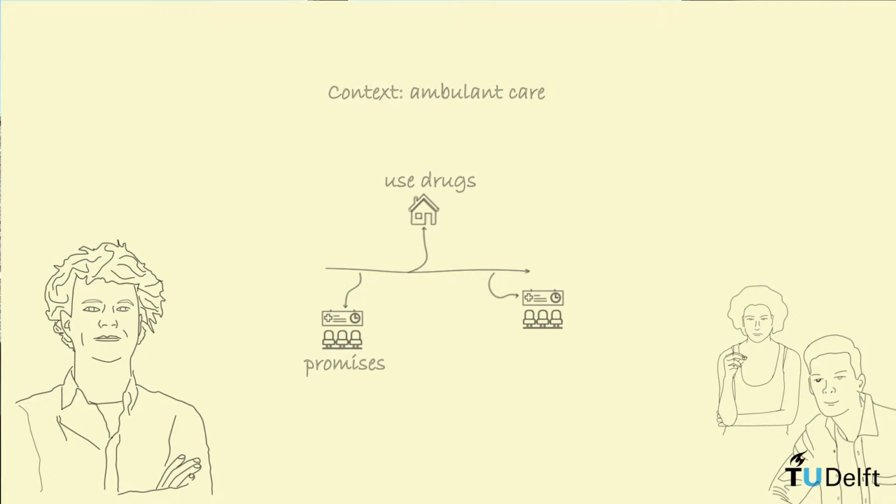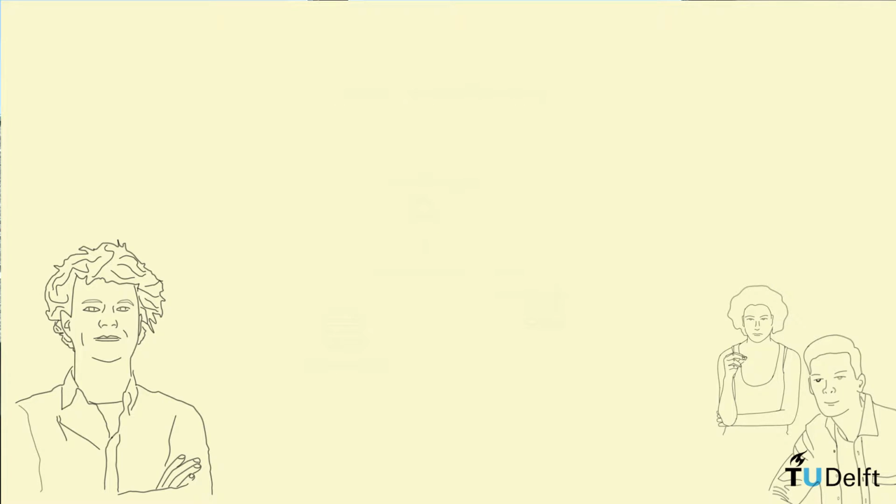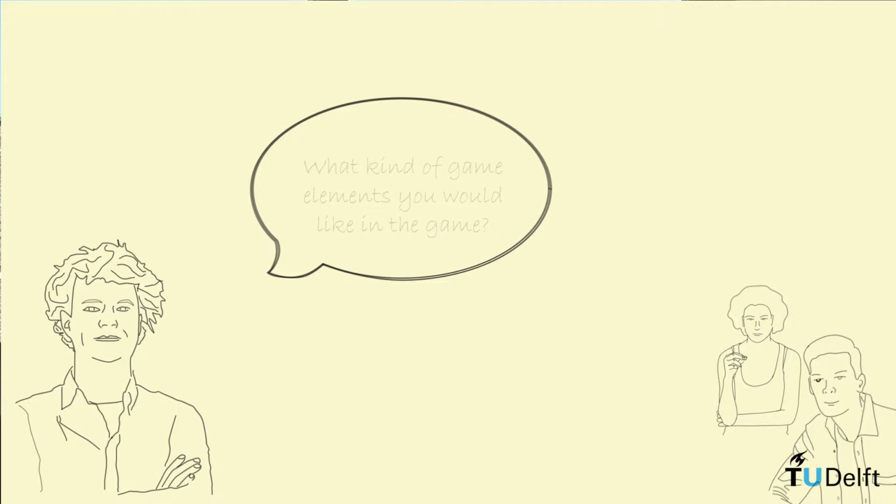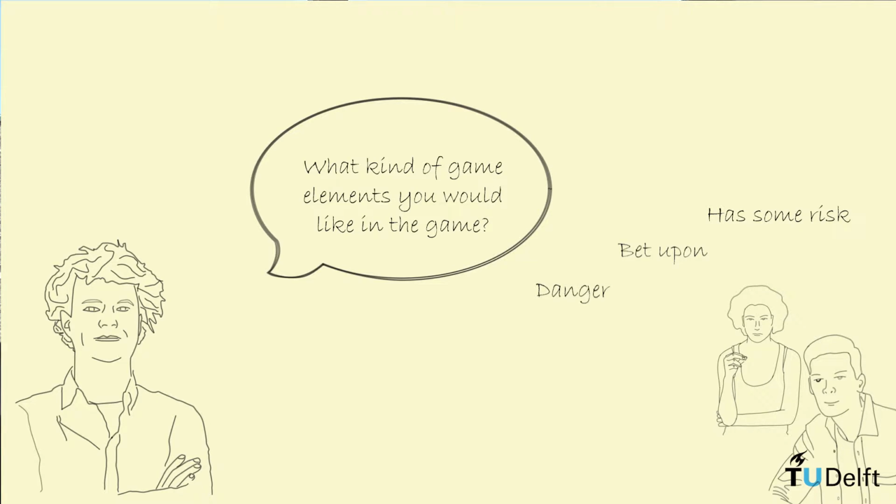So this ambulant care context was a little bit difficult, and we then performed a small user experiment in which we tested what kind of game elements would be favored by the different stakeholders. So we asked a group of patients, what kind of game elements would you like to appear in the game? And these patients said, well, we would like something that has some risk in it. So it's something that we can bet upon, that it's not certain that we get it, that there's some danger in it, because we like a little bit of danger and uncertainty, and then we can get some high profit.